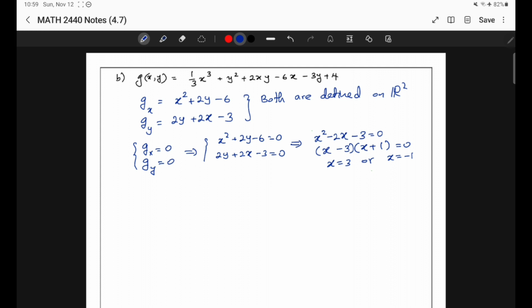So plug it back into the previous equation and you should get y. When x equals 3, you get y equals negative 3 halves. When x equals negative 1, you get y equals 5 halves. Right, so that means we found two critical points.